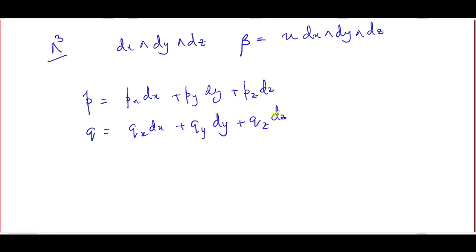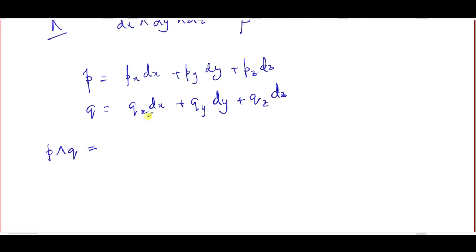Now, let us just form the wedge product of these two, P and Q, by going through the standard definition. So, one thing we know is that you have to take the wedge product of this whole thing with this. And there you have distributivity, both to the right or to the left. So, px dx distributes over all 3 factors.